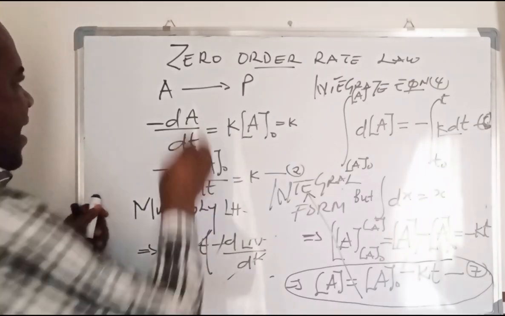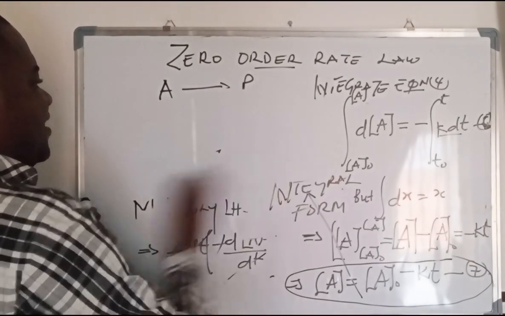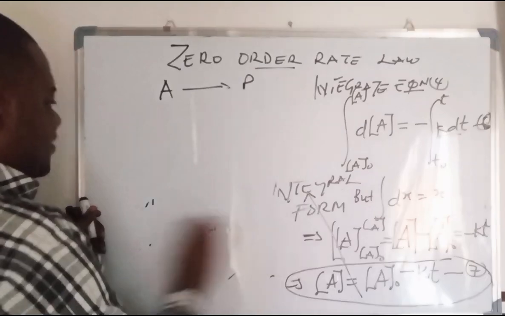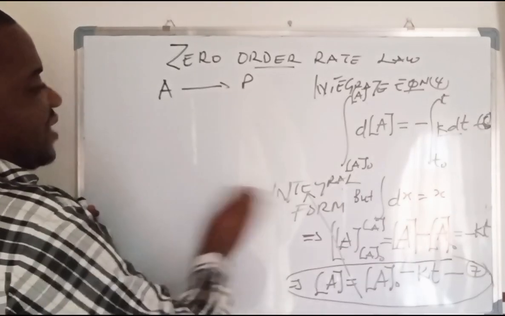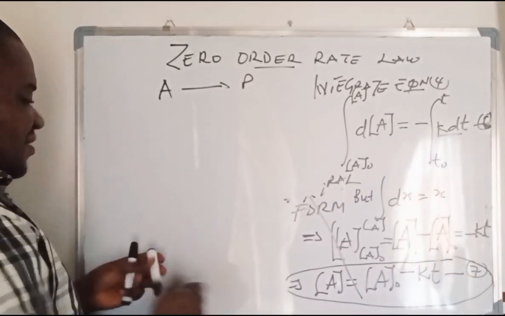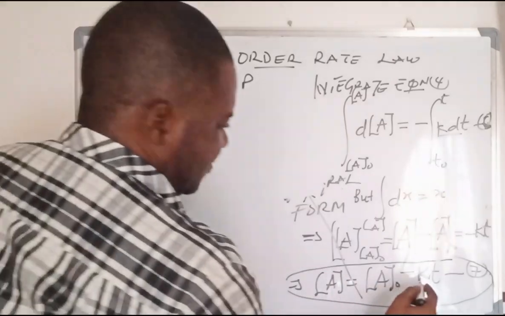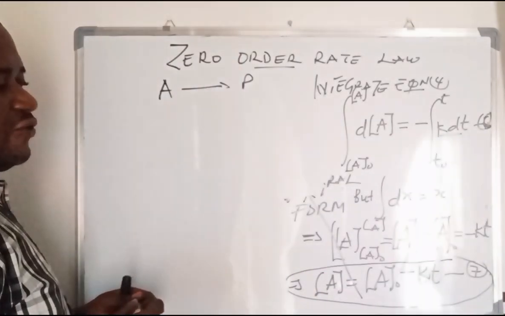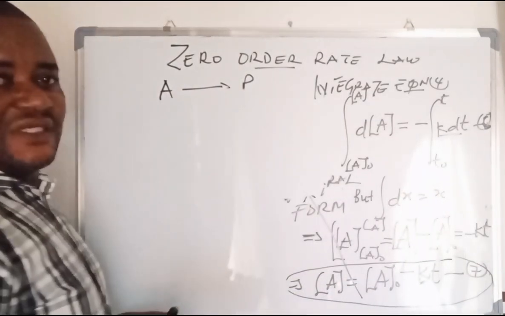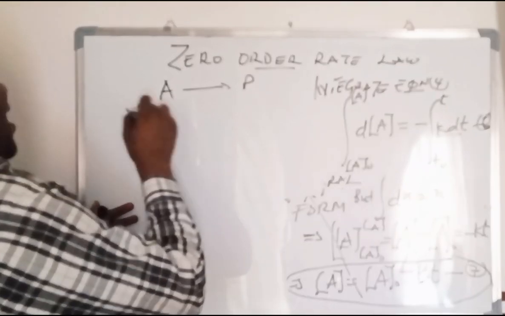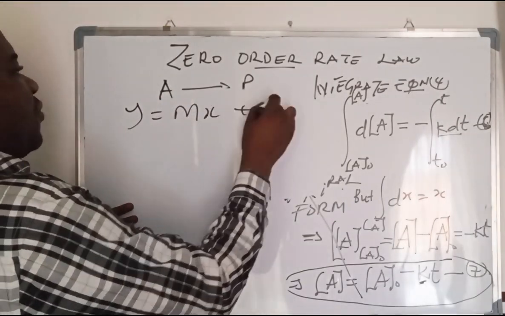So for you to be able to generate the graph for the zero order reaction, to be able to calculate your rate constant, you are going to rewrite this equation to take the form of y equals mx plus c.